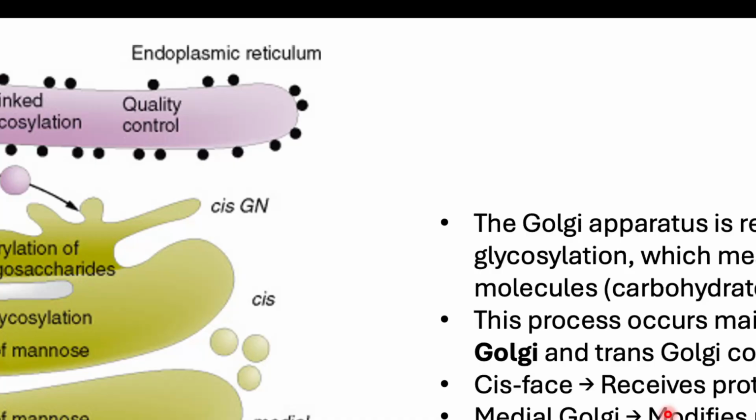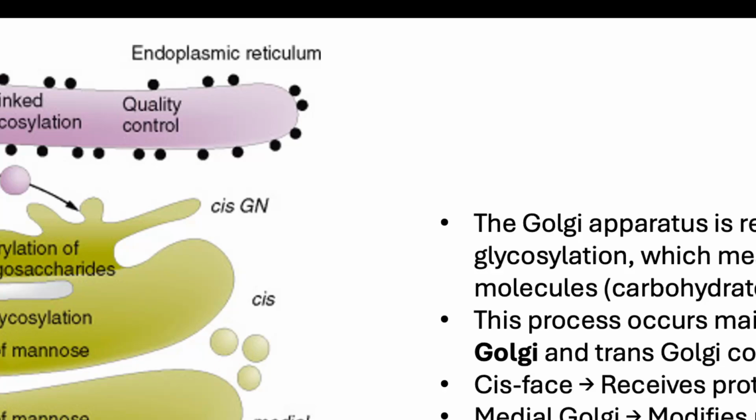The trans phase does also include glycosylation of proteins, but most of the glycosylation happens in the medial Golgi, while the trans phase is majorly associated with sorting and packaging of proteins for transport. Cis for receiving, glycosylation and modification in the medial, and export or transport in the trans phase. Ribosomes are not attached to the Golgi, they are found in the rough endoplasmic reticulum, so ribosome cannot be an option. So option D is incorrect.